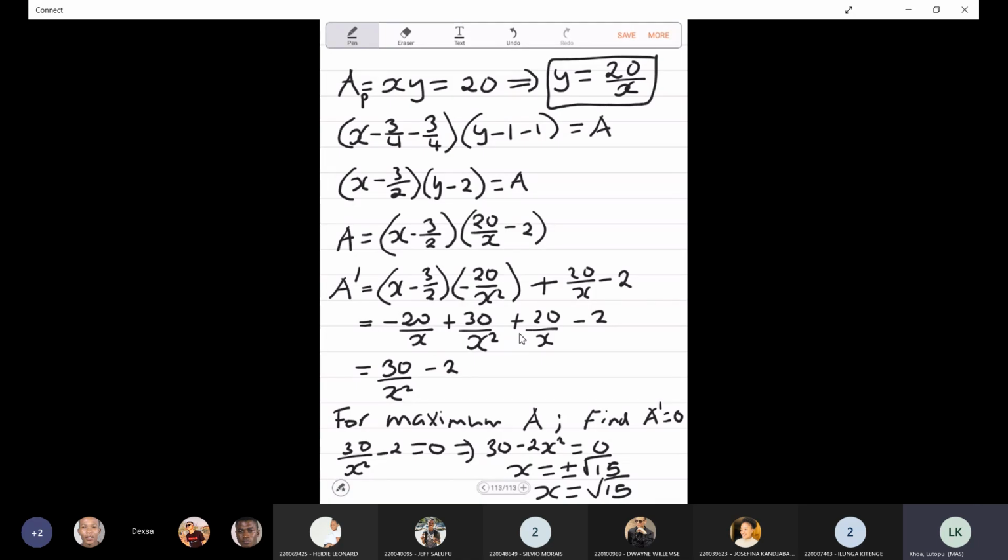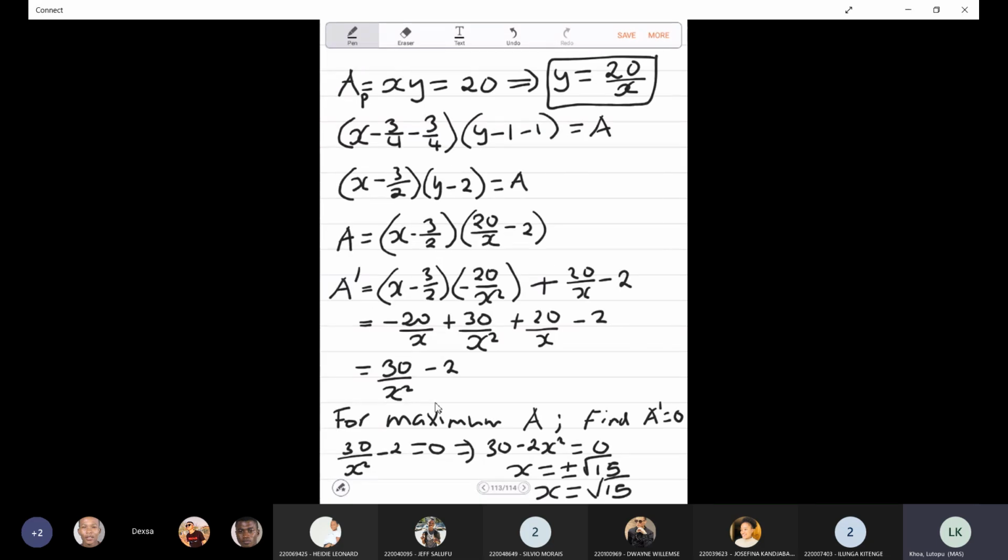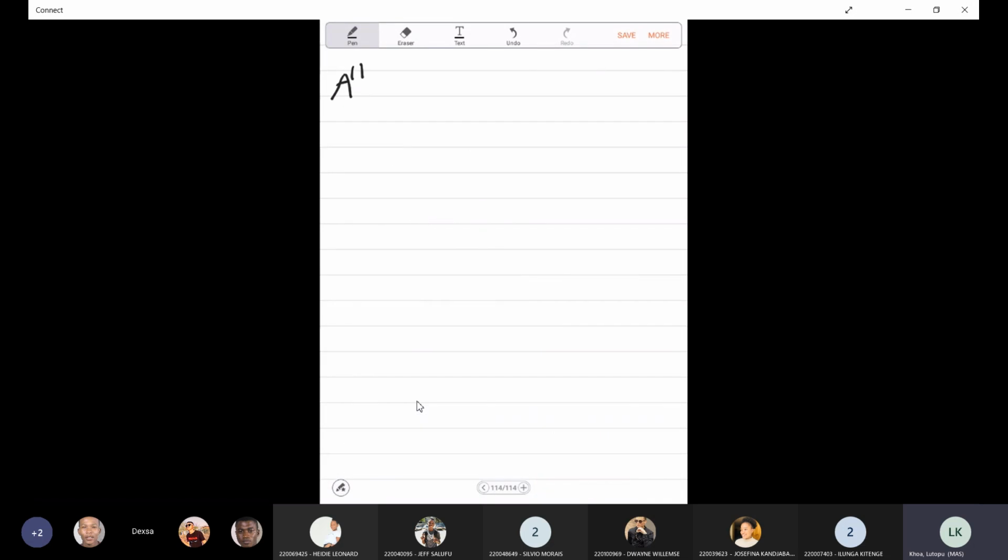Okay, again, check that this does in fact give you the maximum, and to do that you use the second derivative. So our second derivative, A double prime, we just differentiate this. Okay, so A double prime, we differentiate that and we get negative 60 over x squared.